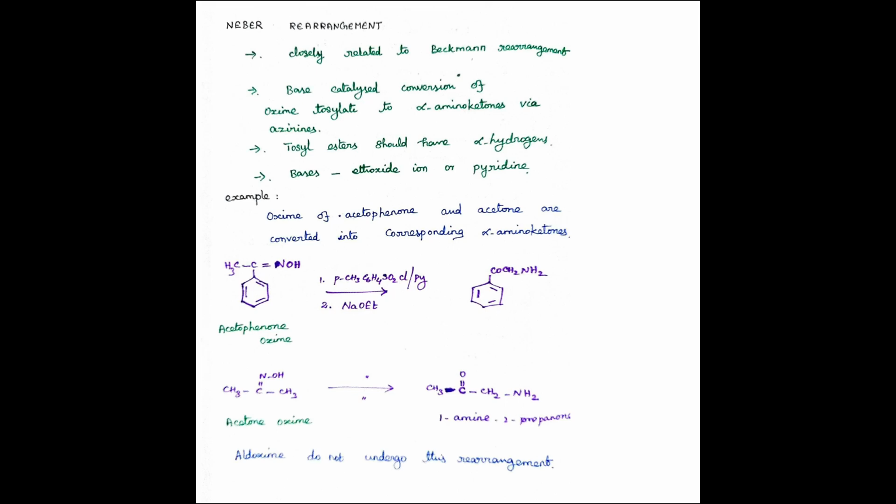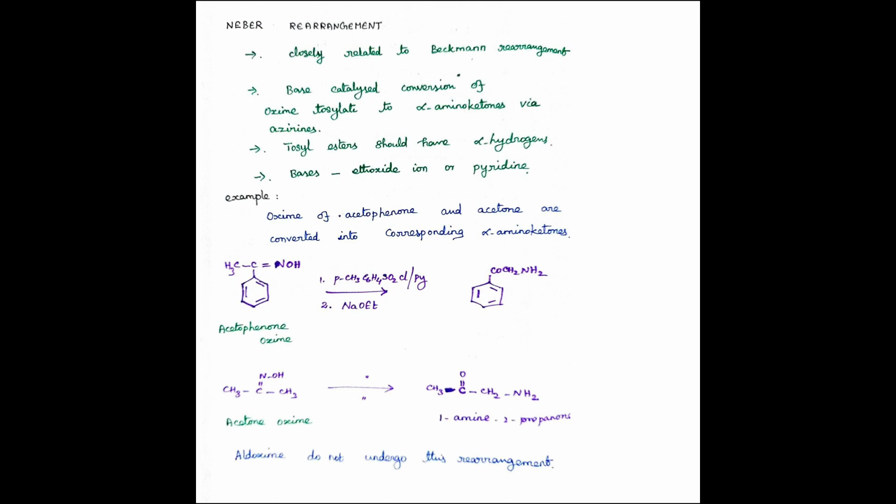Our substrate, the oxime tosyl ester, should have an alpha hydrogen. It undergoes reaction in the presence of base. The base we are using is ethoxide ion or pyridine. Example for this reaction: the oxime of acetophenone or acetone converts into the corresponding alpha amino ketone.